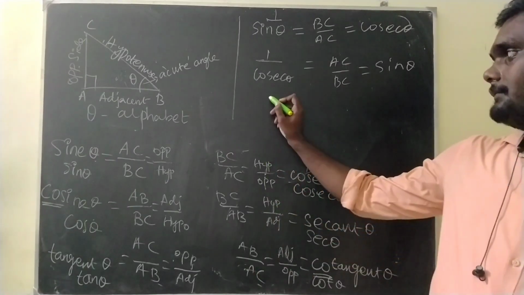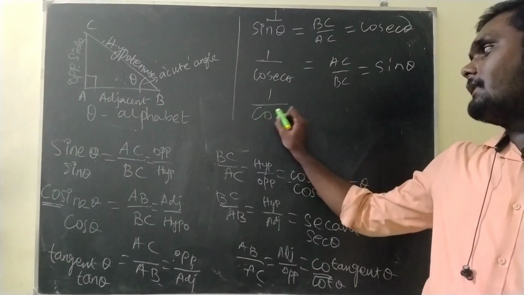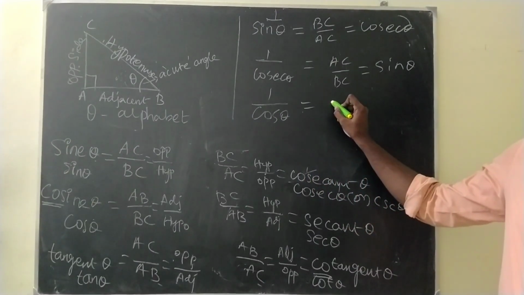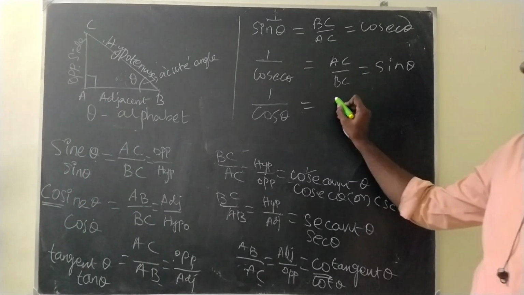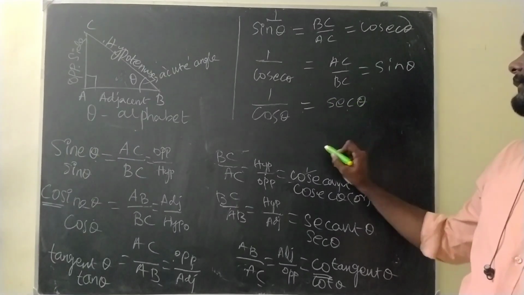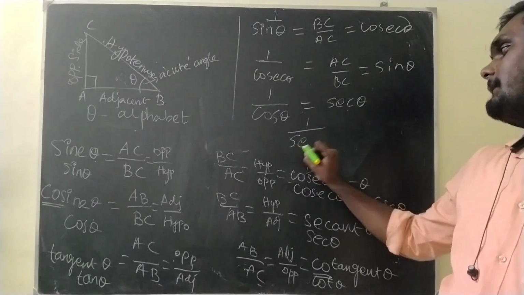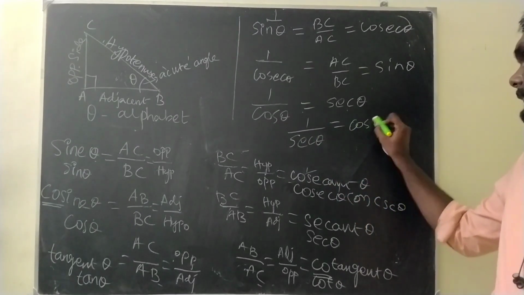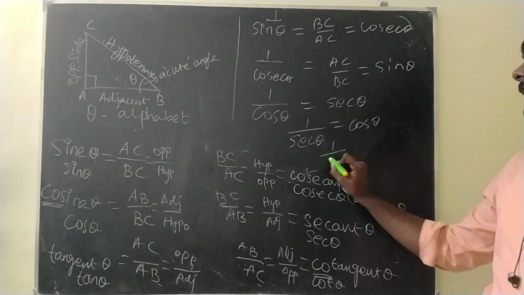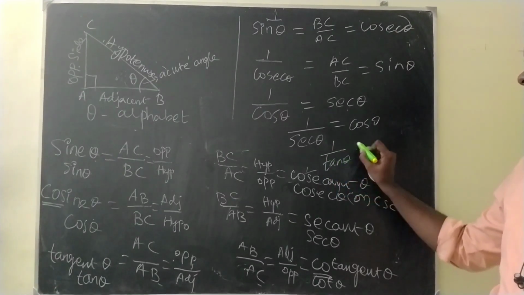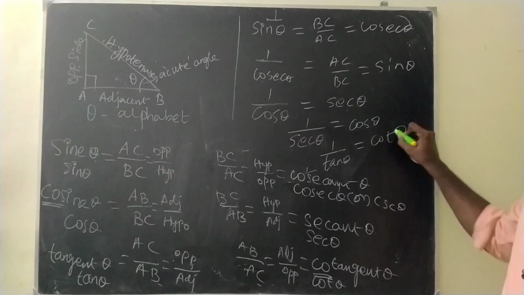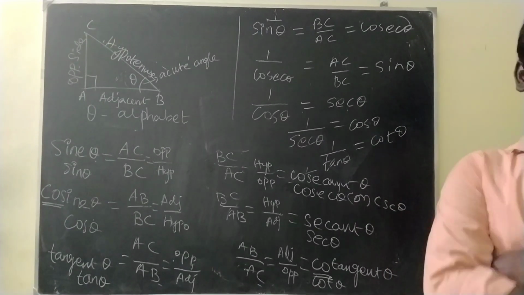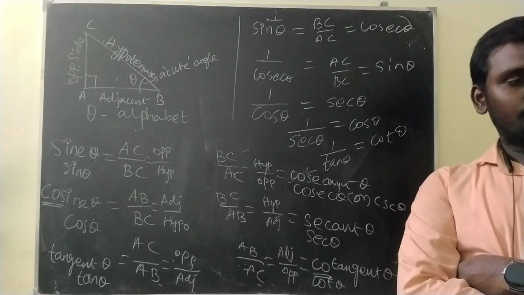Take cos theta: 1 by cos theta is secant theta, and 1 by secant theta is cos theta. Then 1 by tan theta is cot theta and vice versa. 1 by cot theta is tan theta.